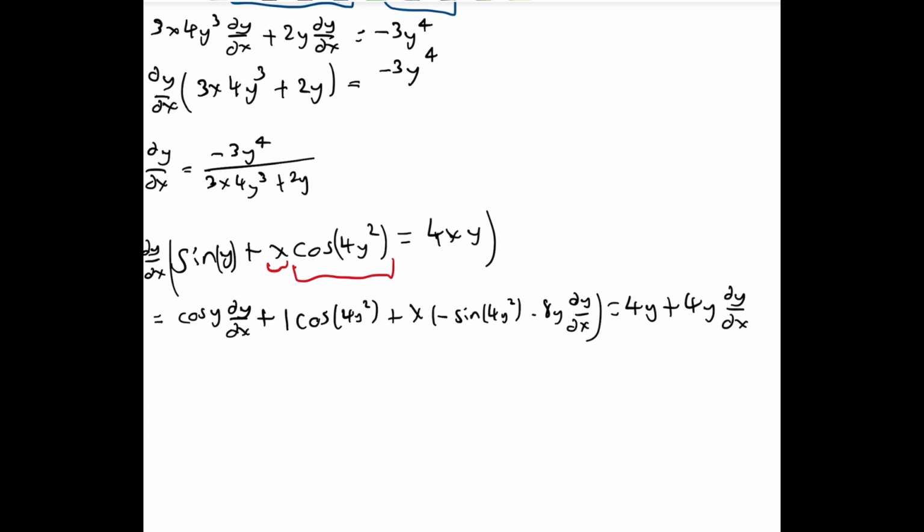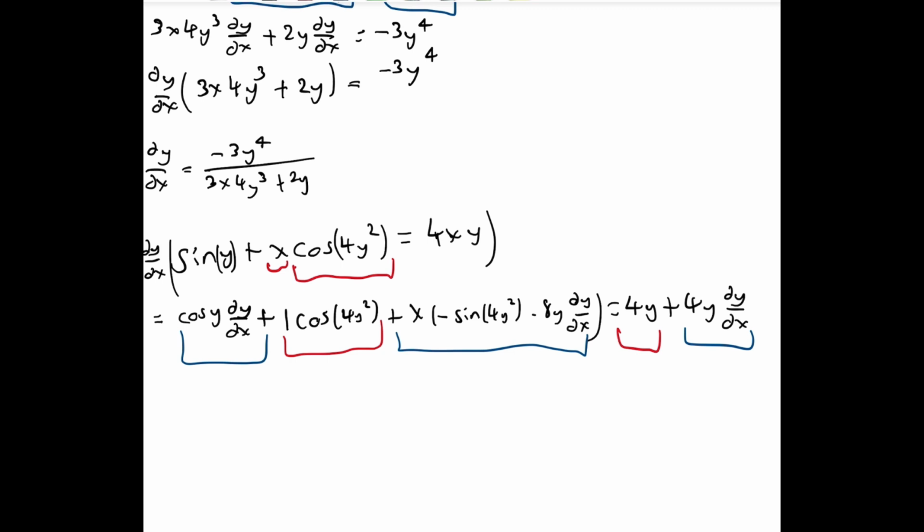Let's have a look at each term. This one has dy/dx, the second term does not, the third term does, this term equals 4y, it does not, and this one it does.